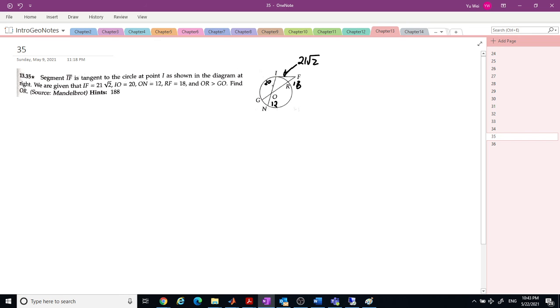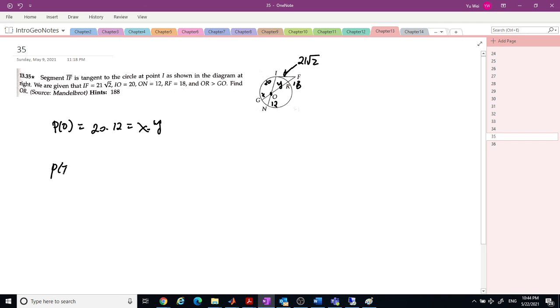So we have 20 and 12, right? So we can use the power of the point O, right? That means 20 times 12 is equal to, let's see, GO is x and OR is y, okay? It's equal to x times y. And the other one we have is IF, right?